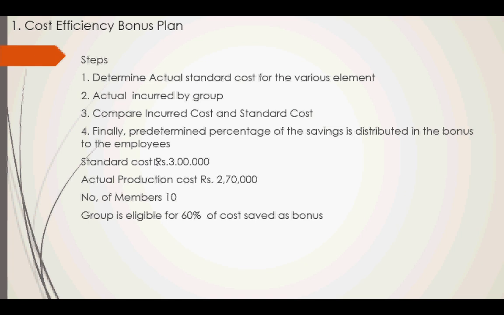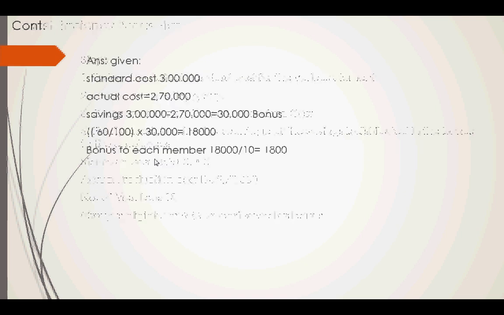What was the cost saved here? 30,000 of cost has been saved, and that will be distributed among the 10 members. So this is a type of group incentive scheme that is being implemented by most of the business firms.